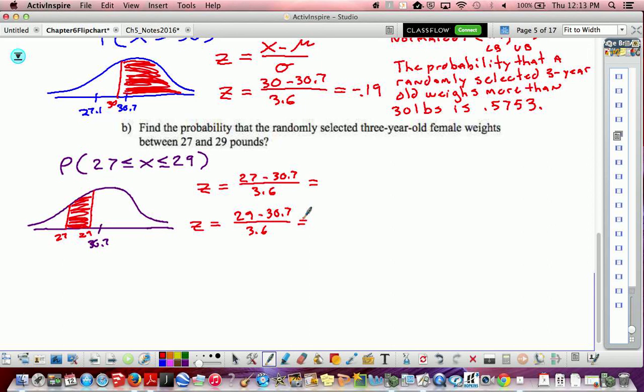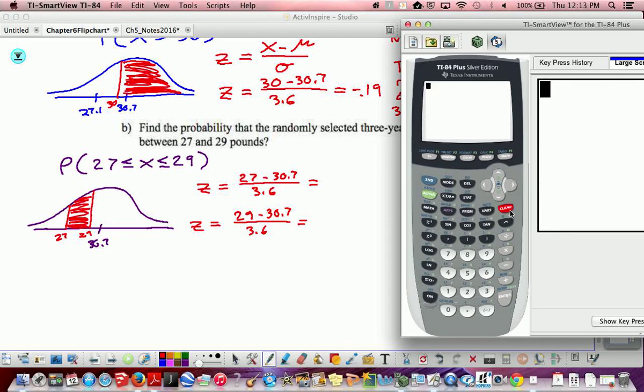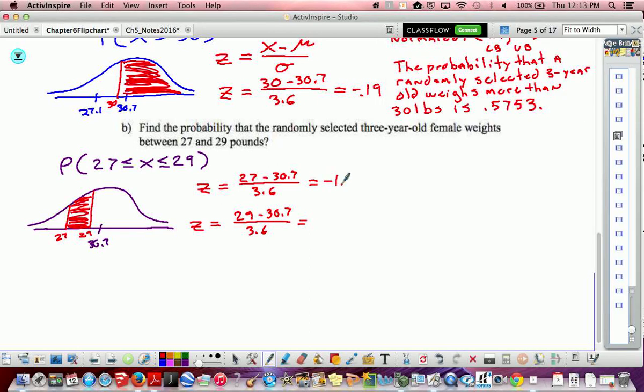We'll do a quick calculation of both of those. 27 minus 30.7 divided by 3.6, so negative 1.03.